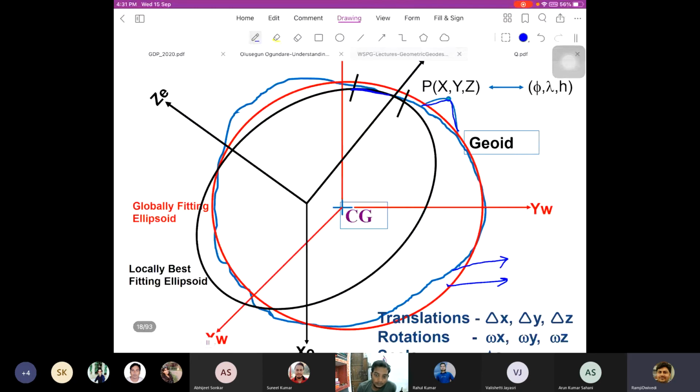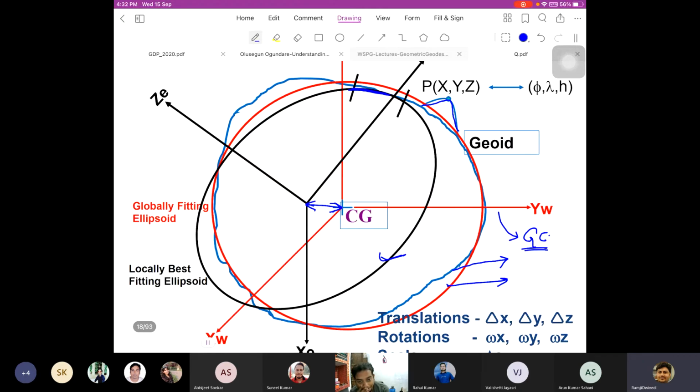So this is the place where the so-called locally best fitting ellipsoid is. This is your local ellipsoid because its center of mass is shifted from the red one. So the red one is your global geocentric system, reference ellipsoid with global geocentric origin, and this is a local ellipsoid with a slightly shifted origin.